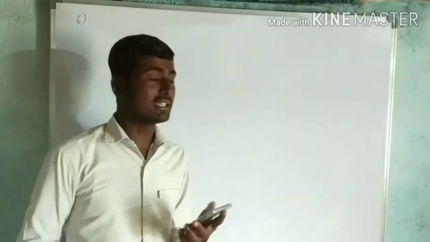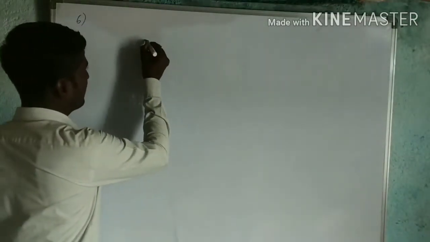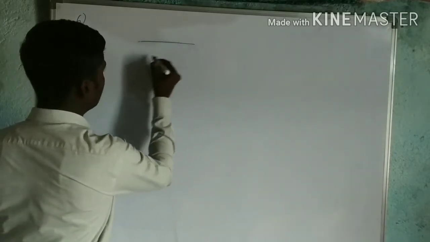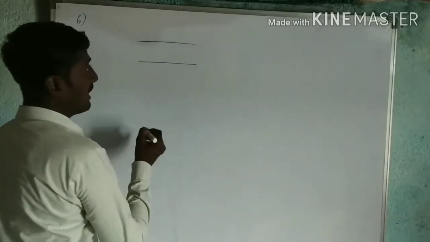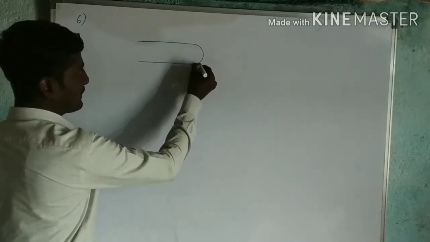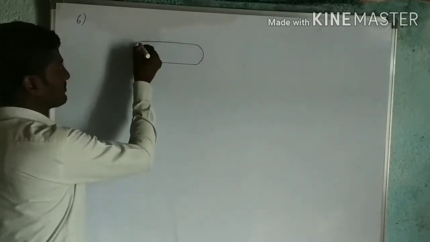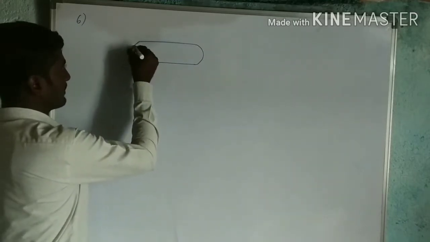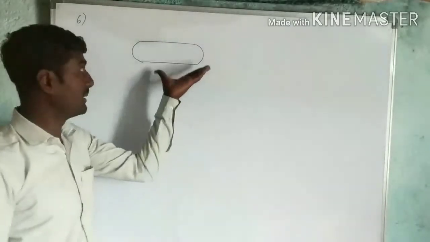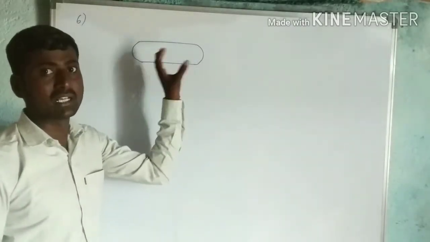Okay, it is in the shape of a cylinder. So let us take that shape here. Let us take this as a cylinder. For this, both ends will have a hemisphere, like this, and this is another hemisphere. So this is the type of medicine capsule, the cover of the medicine.